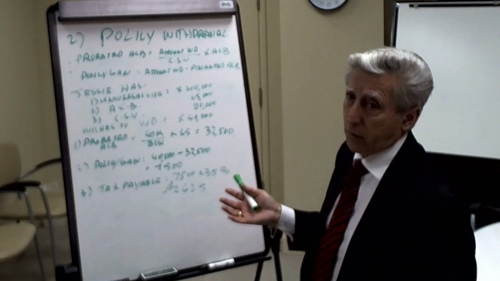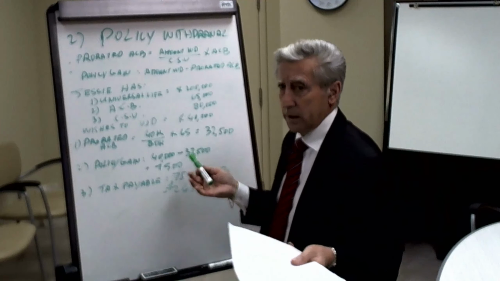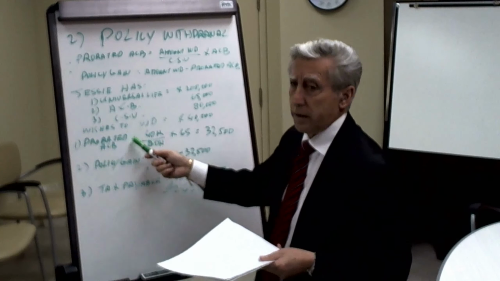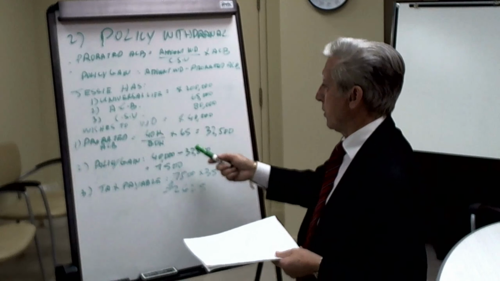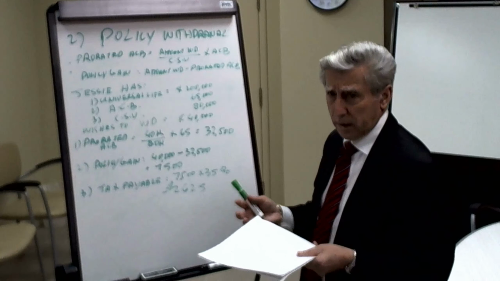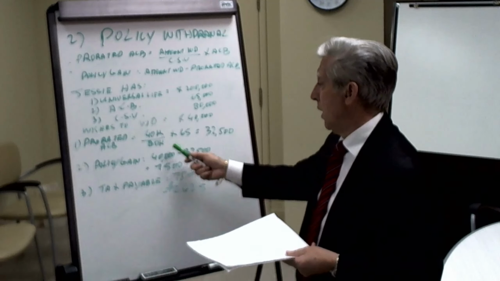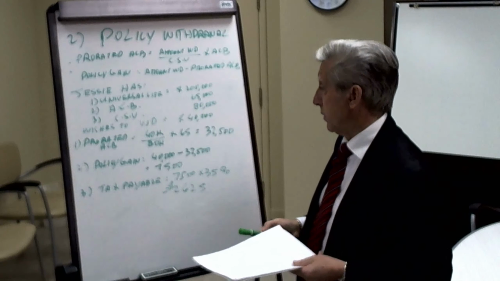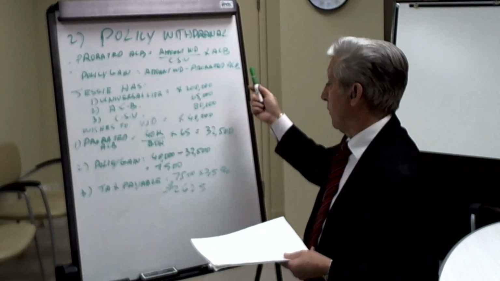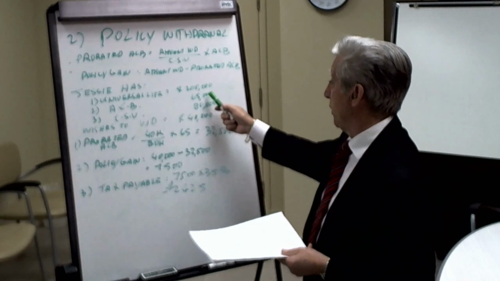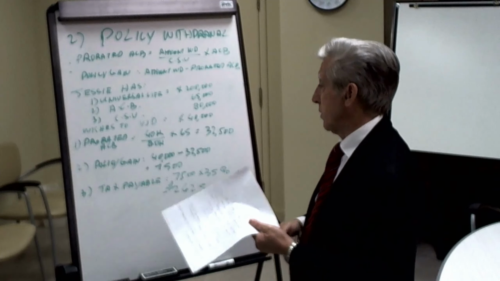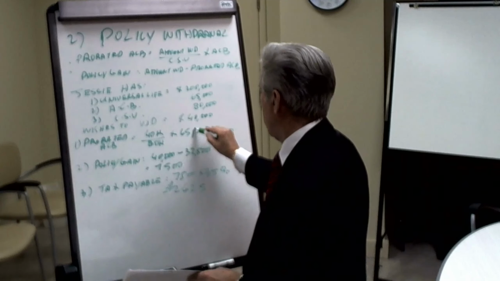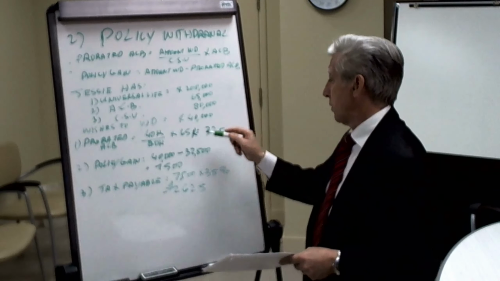As I said, the very first thing we have to do is calculate the prorated ACB. In this case, it's the $40,000 she wants, divided by the original CSV of $80,000, times the original ACB of $65,000.